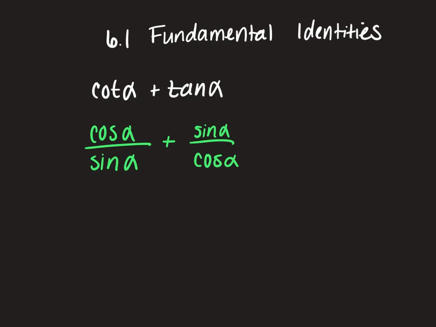What do we typically do to find common denominators with numbers? How do you find a common denominator typically? You multiply them together, basically. So our common denominator would be sine alpha times cosine of alpha.